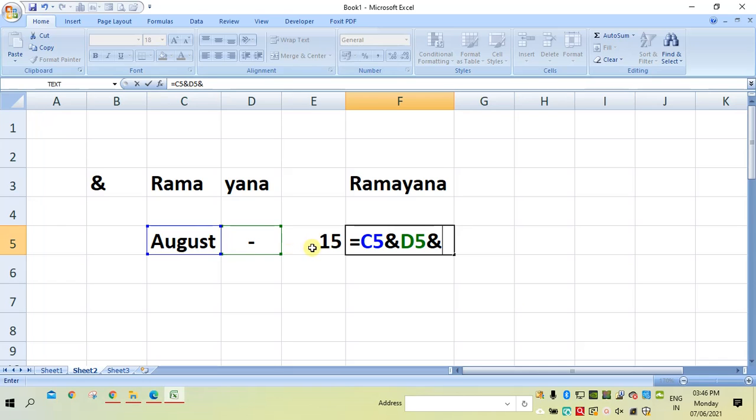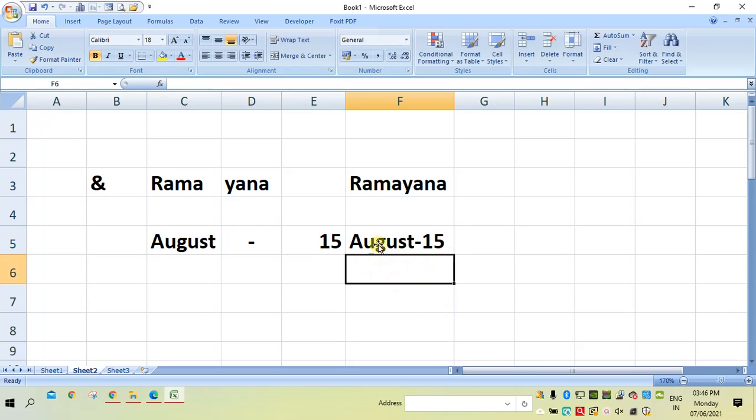So now this formula will be C5 and D5 and E5. So the answer is August 15. This way we can join the text and form a single text in one cell.